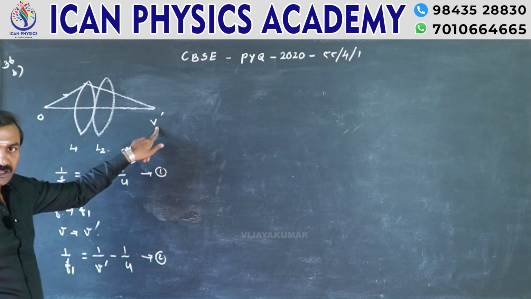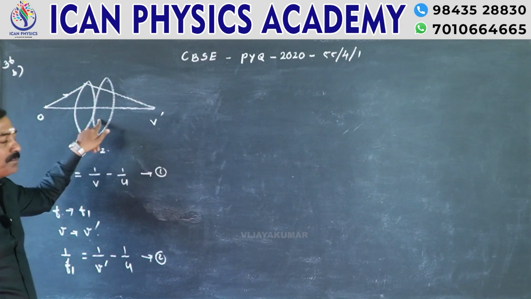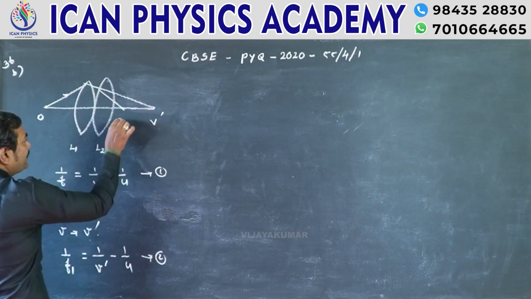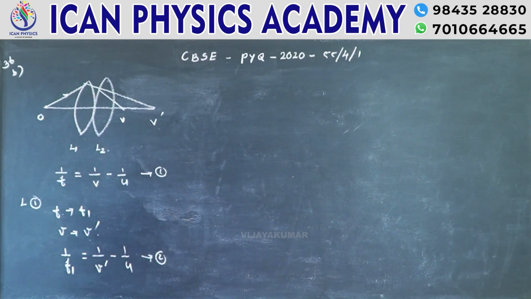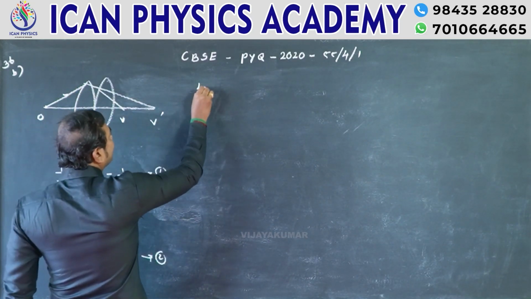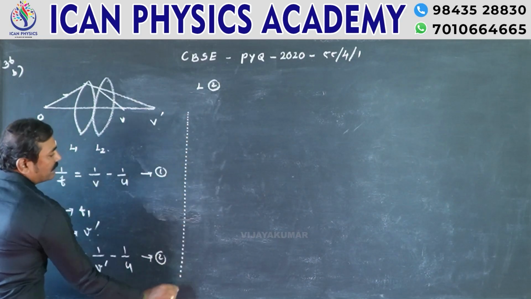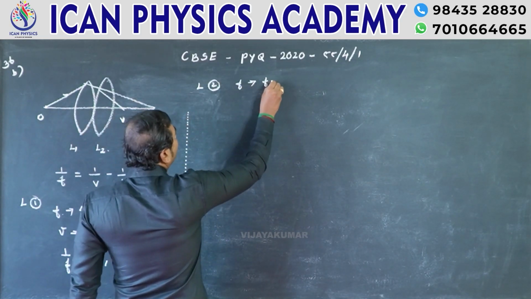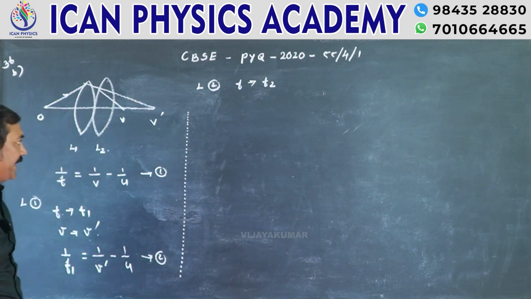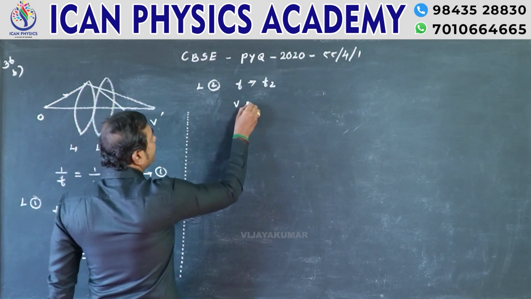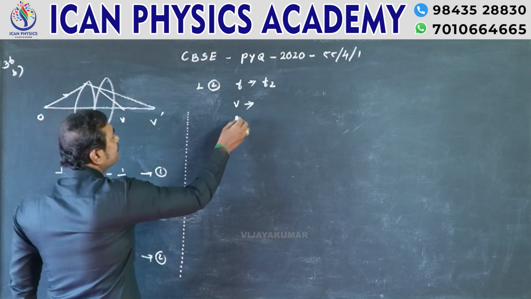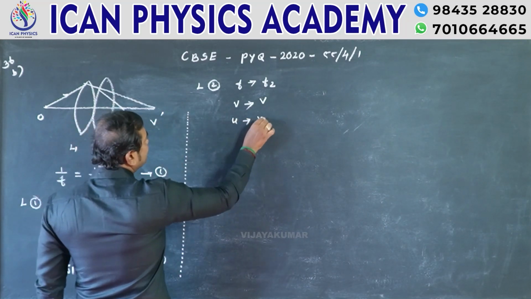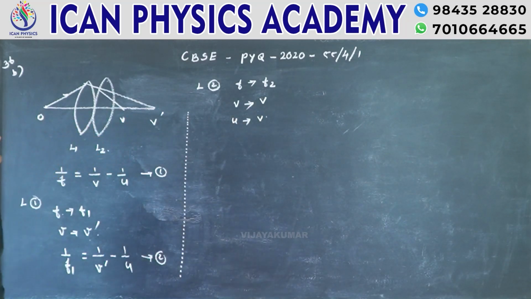Now the image acts as the object for the second lens, which produces the final image at this place. For the second lens, the focal length becomes f2. The image distance is v. But what about the object distance? The object distance is nothing but v dash.